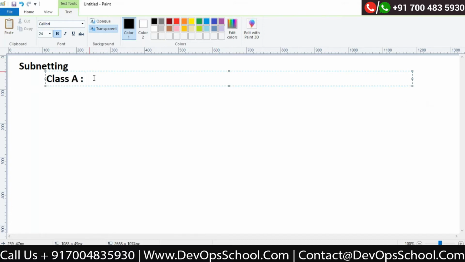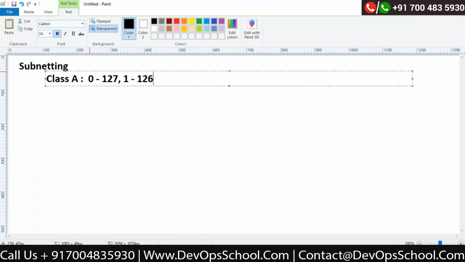What is a class A IP address? Officially it is 0 to 127, but practically we should use 1 to 126. This is what is practically usable.